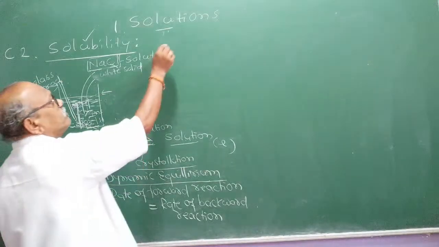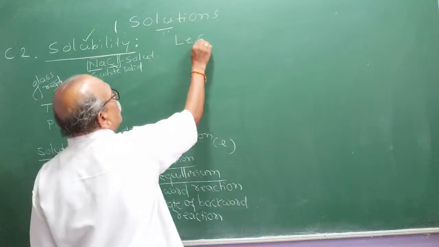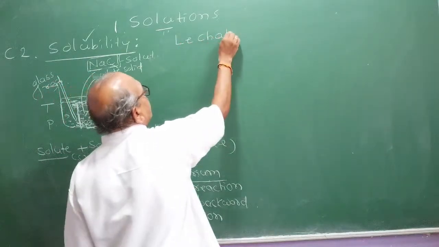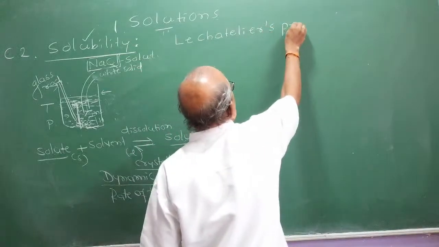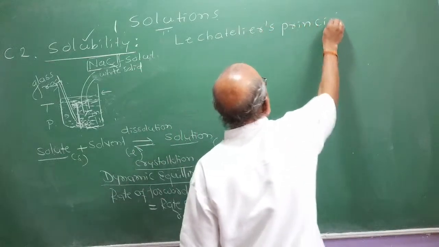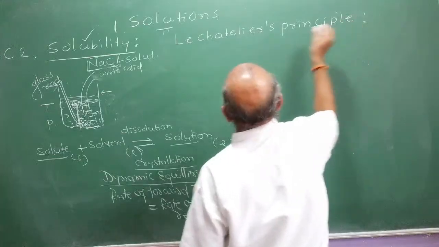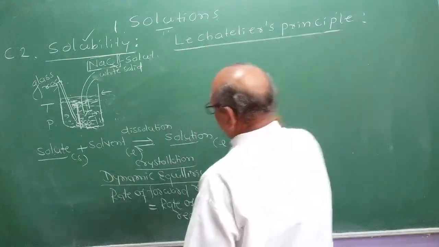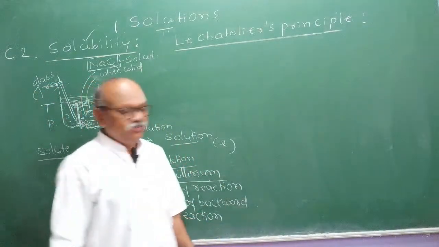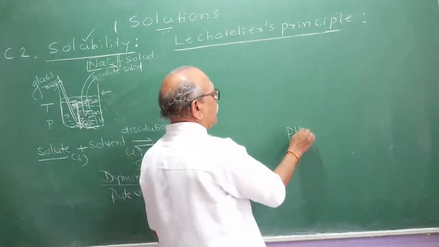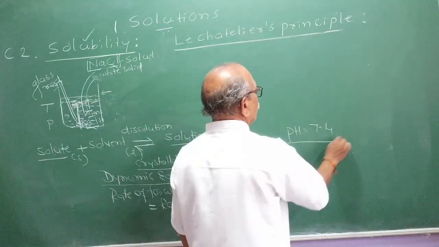In the equilibrium concept, there is a law called Le Chatelier's principle. Le Chatelier was an industrial chemist. He gave a principle on equilibrium systems. What do you mean by an equilibrium system? Our entire body is an equilibrium system. The pH of the blood is always 7.4.